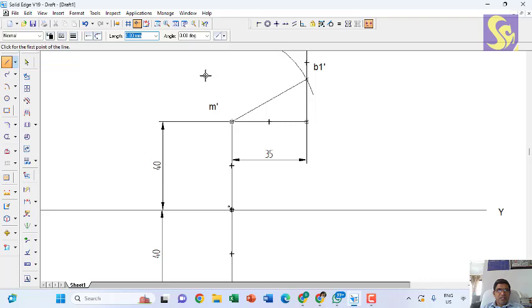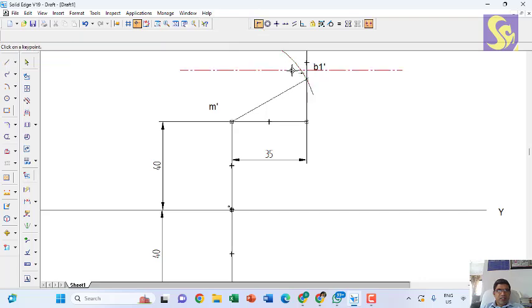And passing through this, I can just have the line drawn, which is nothing but my locus line. I'll connect the locus line to this point.